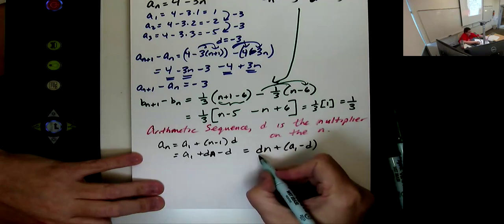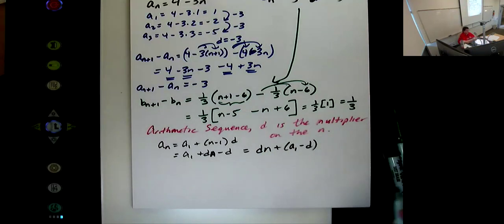There's my d. There's my d. Well, I was thinking you could just move the d to the other side. You just put the d in front of the n minus 1. Then you have something that kind of resembles.